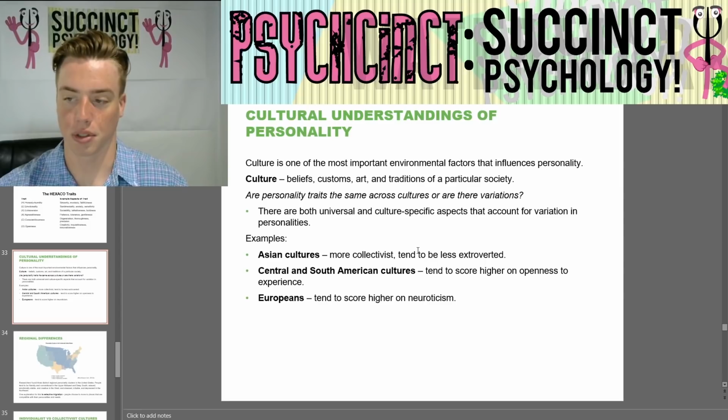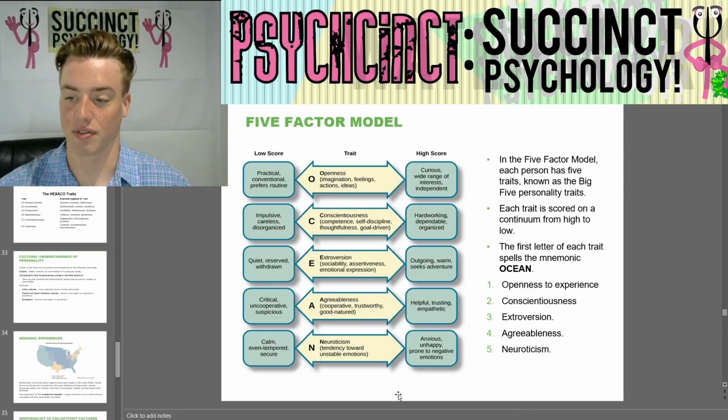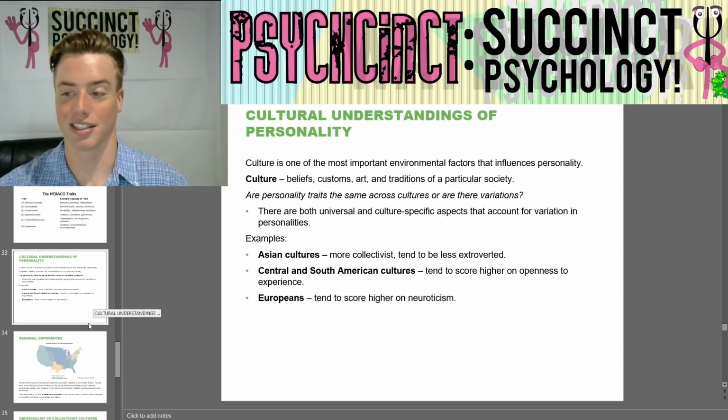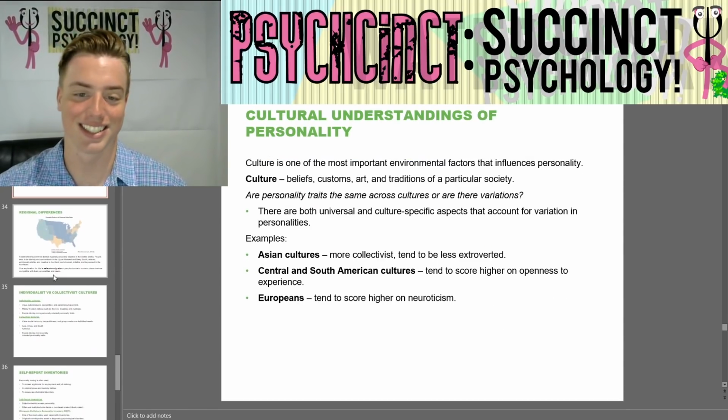Examples: Asian cultures are more collectivist and tend to be less extroverted. Central and South American cultures tend to score higher on openness to experience, whereas Europeans tend to score higher on neuroticism, which isn't good because you remember from the 5-factor model, that has a tendency toward unstable emotions. So it is not good that all of Europe has a tendency for that, apparently.